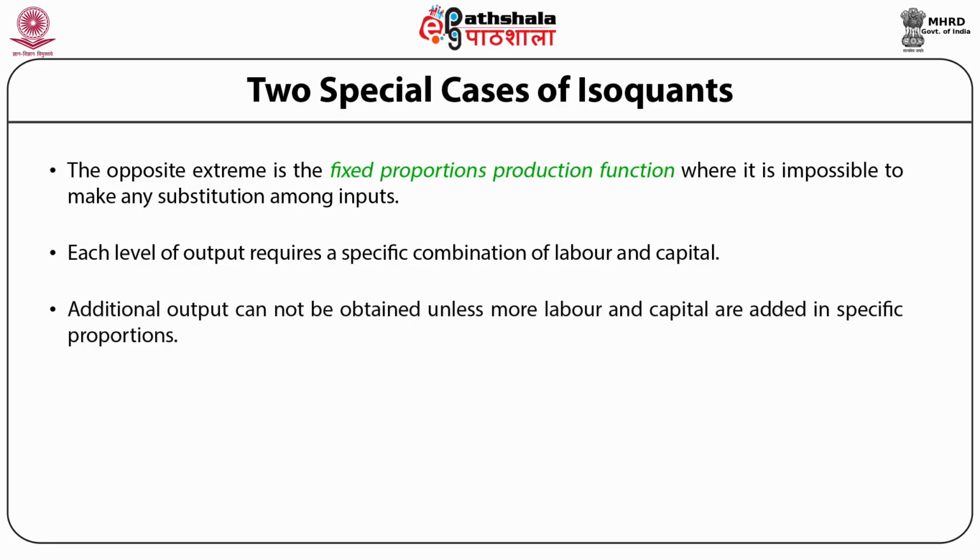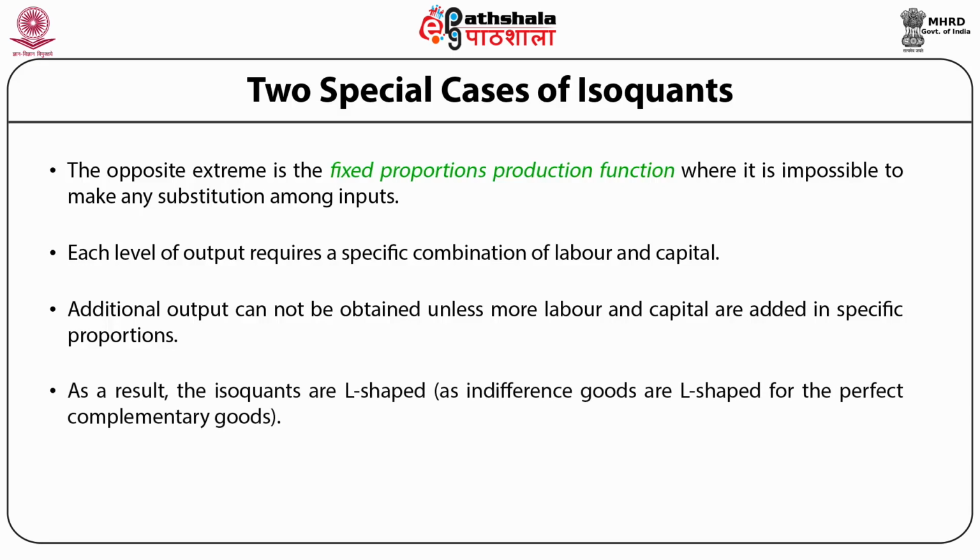Additional output cannot be obtained unless more labor and capital are added in specific proportion. As a result, the isoquants are L-shaped, as indifference curves are L-shaped for perfect complementary goods.